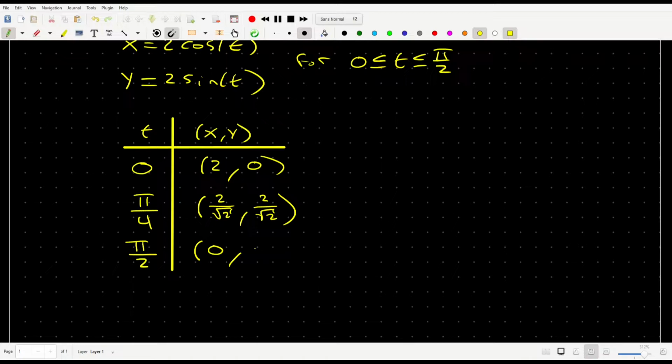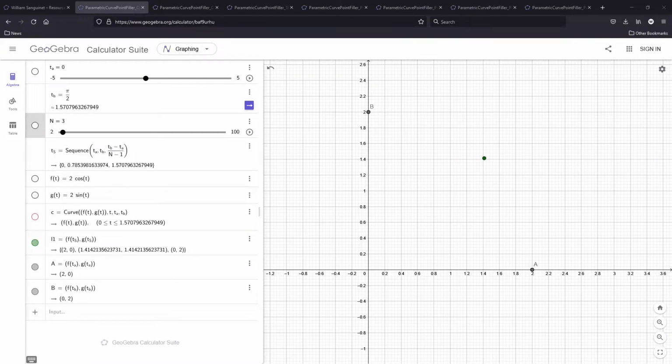So these 3 points are on this curve. This right here is a visualization of these 3 points on this curve. I'm talking about the interval from 0 to pi over 2 here, and the x coordinate f of t is going to be 2 cosine of t, and the y coordinate is 2 sine of t.